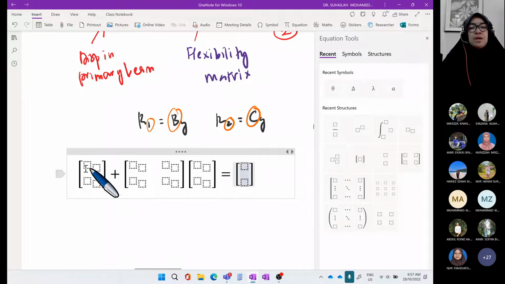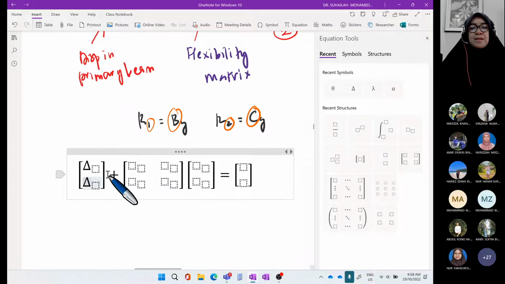In the first bracket, we group the two displacements in the primary beam. We use delta since this is BY and CY. For redundant number 1, we use 1.